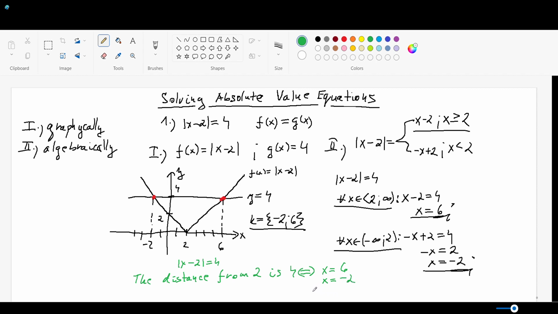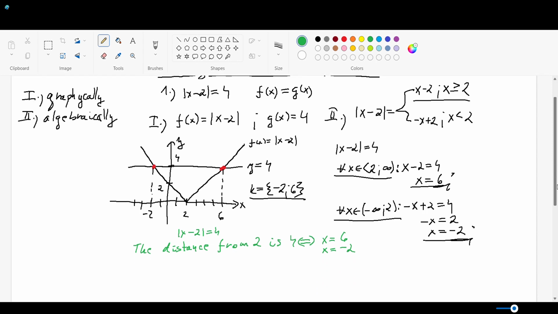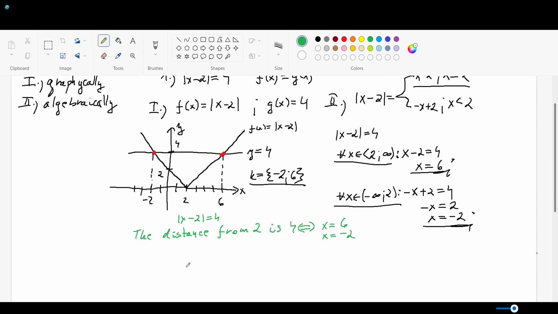And again, if you try to sketch the number line and represent this fact graphically, here is number 2 and you are looking for the numbers whose distance is equal to 4, so you travel 4 units to the right but also to the left, because the distance is always a positive number.